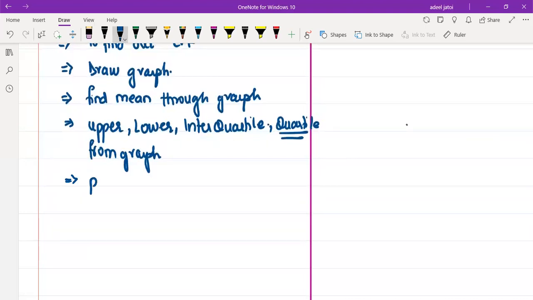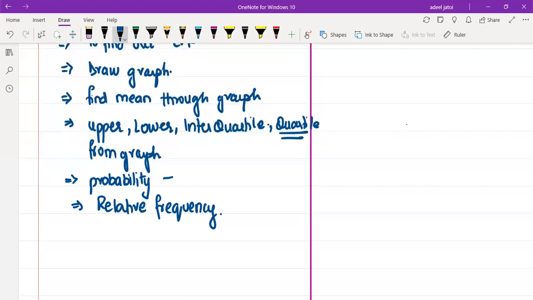You can be tested through probability in this part. That means the last question can be relative to probability. Similarly, you will even be asked relative frequency, which is also tested through probability.